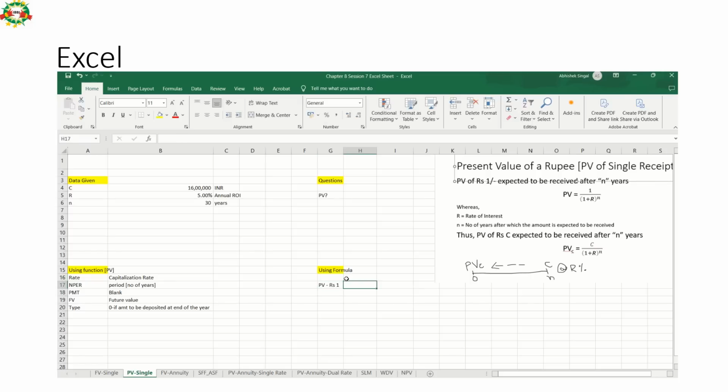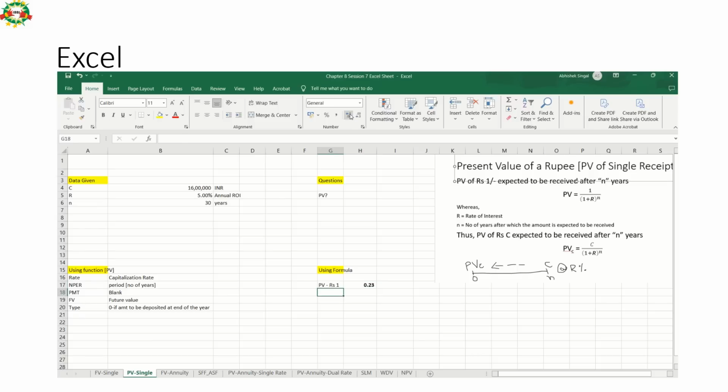This formula is nothing but 1 divided by, bracket open, 1 plus rate of interest R, bracket close, raised to power 30. So this is the present value. Let us put decimals here. This is the present value of 1 rupee after 30 years, considering 5% rate of interest.